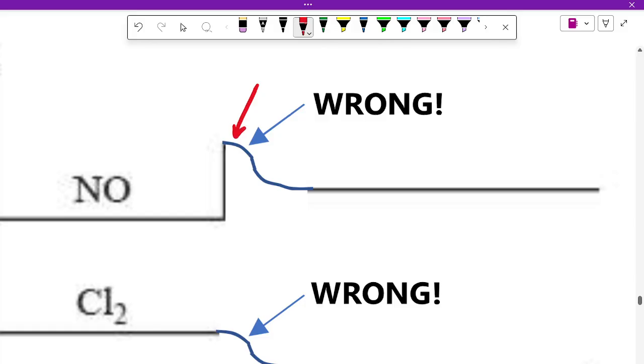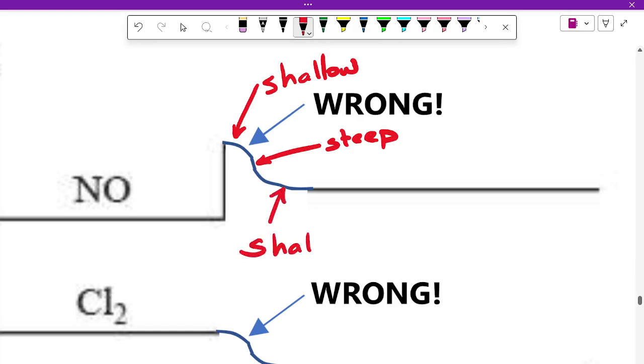If you have an S, it says that it is shallow, steep, shallow, flat. That means that the rate changes slowly, and then the concentration changes slowly, and then it speeds up, and then it slows down again, and then it remains constant. Is that what happens? No, the rate of change should be fastest at first.